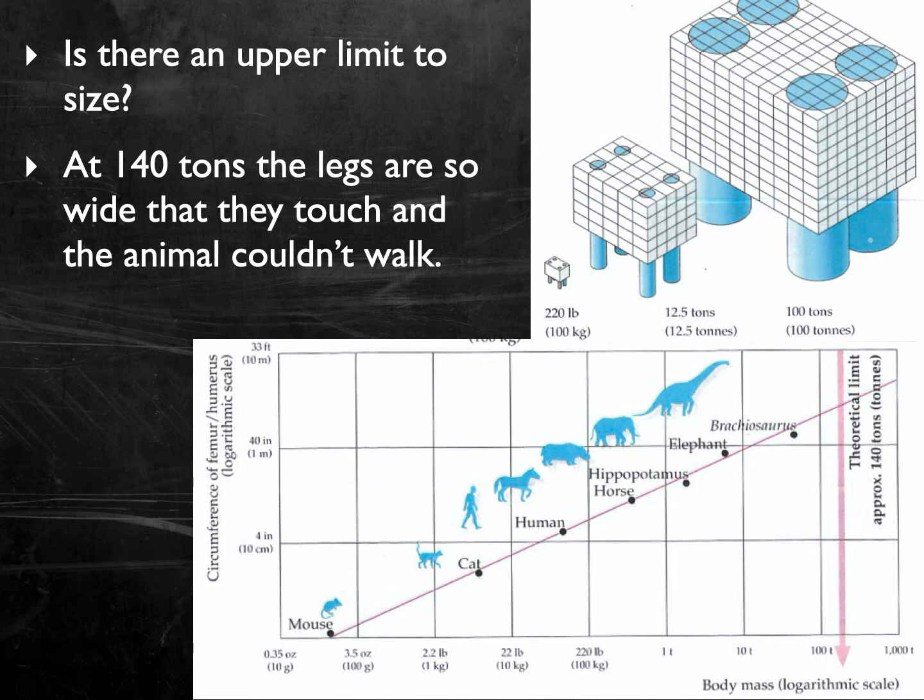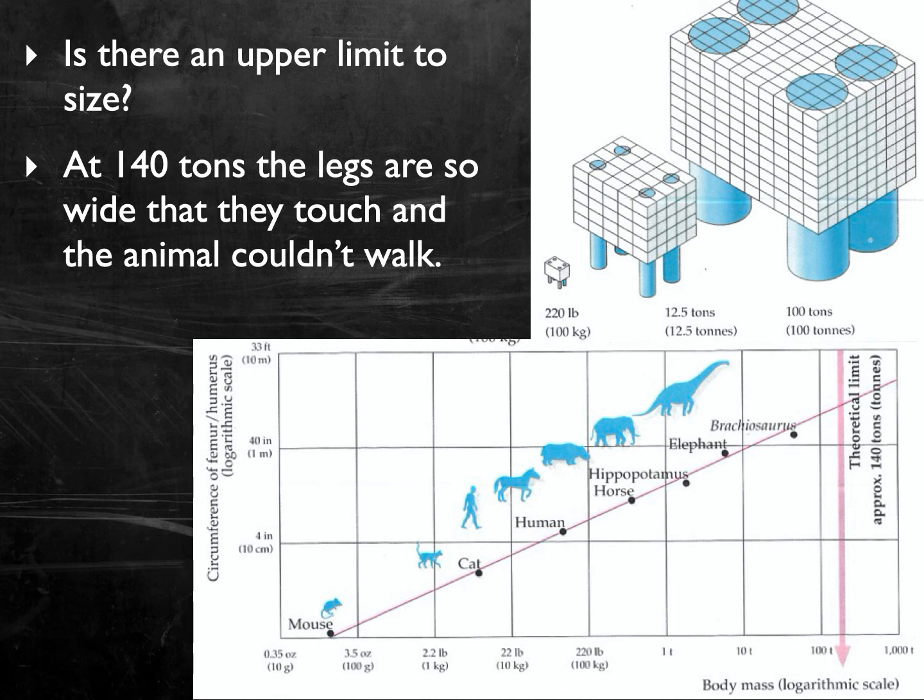The legs eventually become so large to support all that weight that there's no longer any way for it to move. And if it can't move, it can't eat, and so probably can't live. So that's our assumption anyway. But as you go up this graph here, we can kind of maybe make a guess at that theoretical mass being somewhere around 140 metric tons.